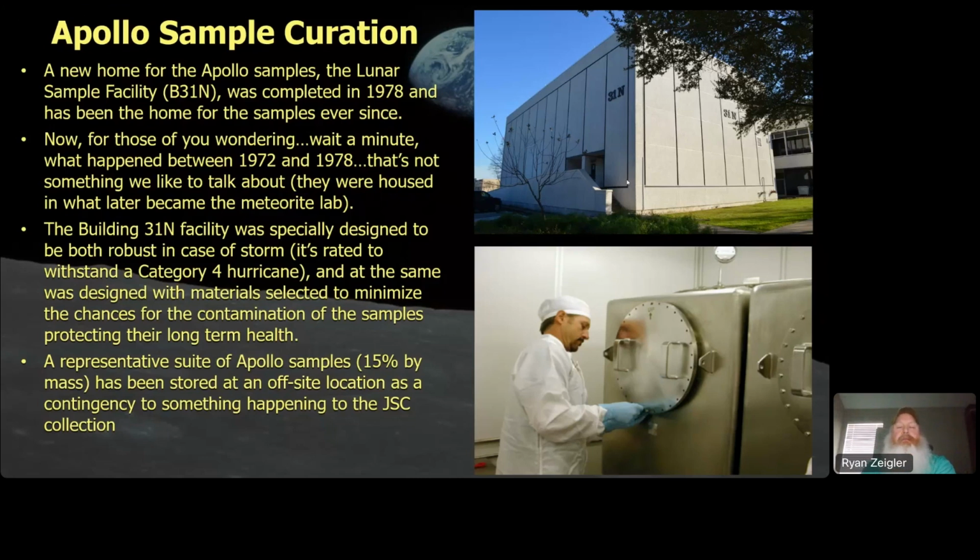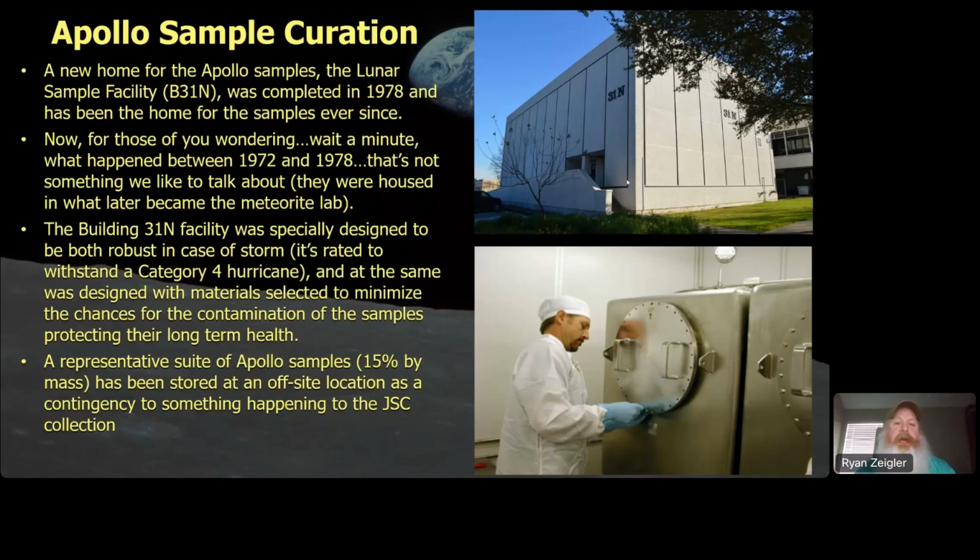But Building 31 North, the current and probably forever home, it seems, for the samples, is designed to be particularly robust. It is hurricane resistant. Hope I didn't write proof. It's rated to withstand a Category 4 hurricane. It wasn't just designed to be robust in terms of protecting the samples from the environment.